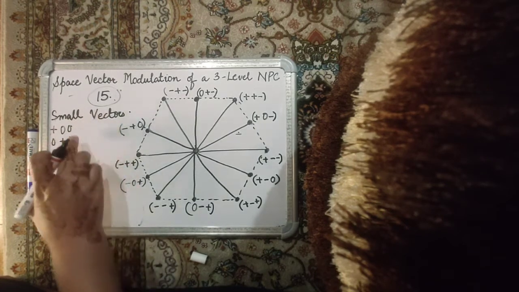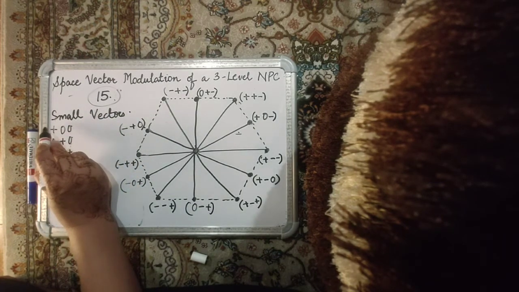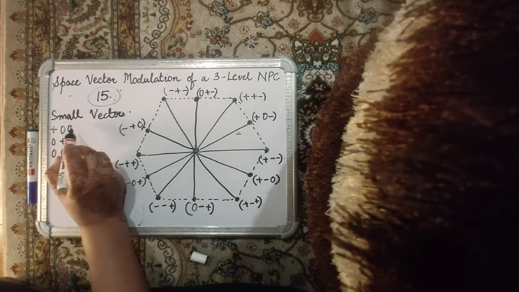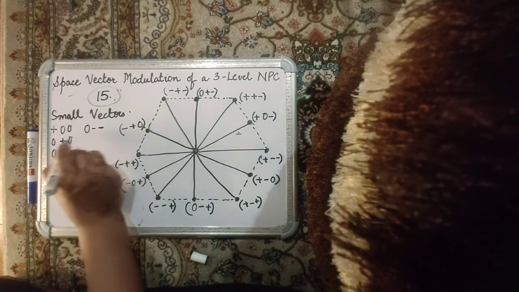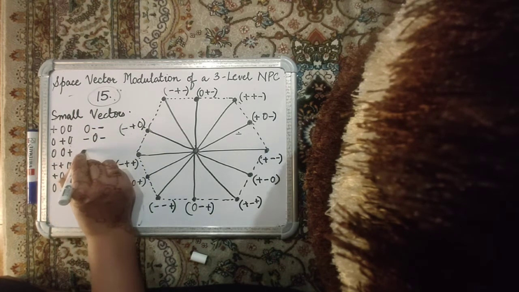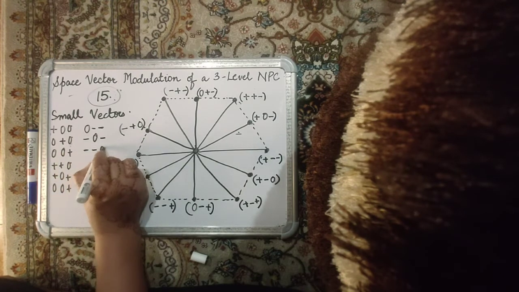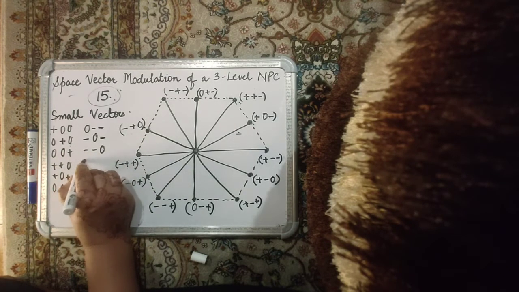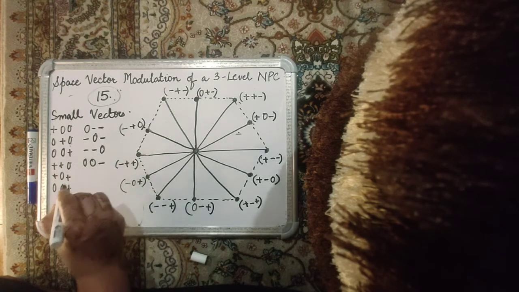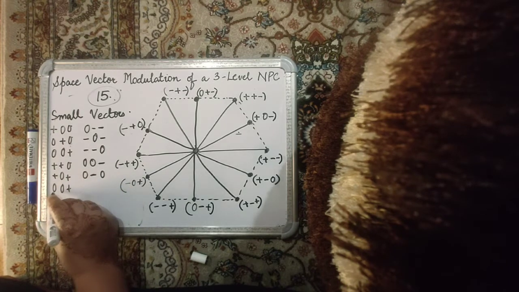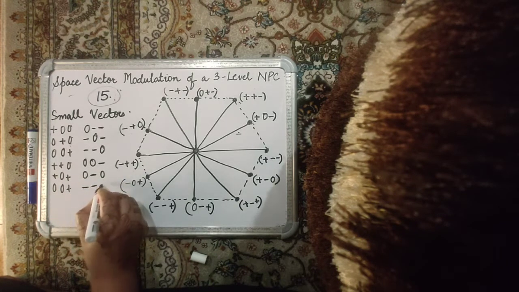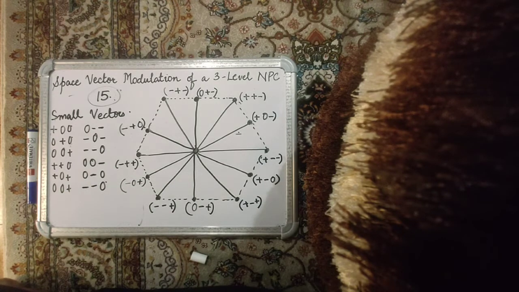Let's do the complementary. The plus signs become 0, and the 0 signs become negative. The 0 signs become negative and the plus signs become 0, and so on for each state.